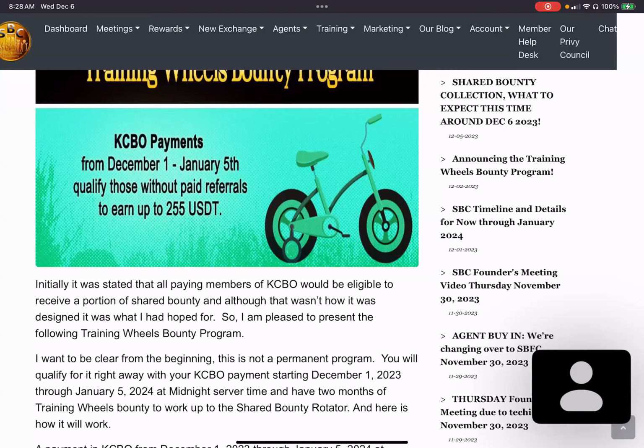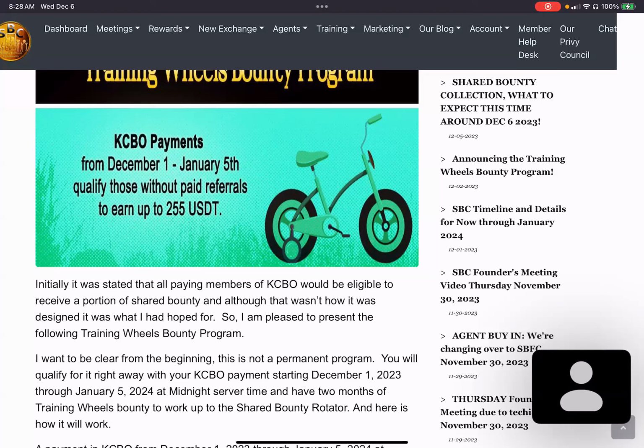So if you're a sponsor that has 2 paid referrals and you paid within the payment cycle, you're going to receive the maximum bounty up to 1020 USDT. If you are a member that does not have 2 paid referrals, then you will be eligible to receive up to 255 USDT in the Training Wheels Rotator.